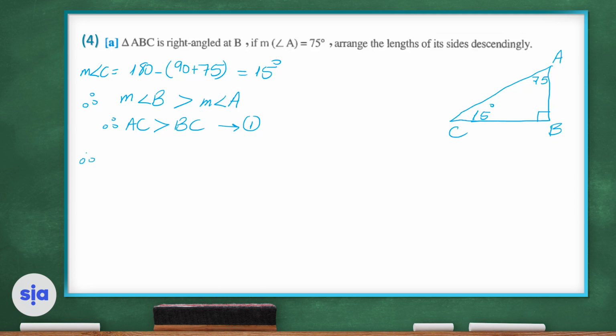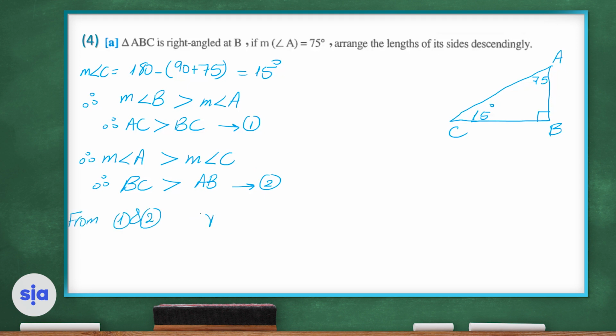And also, measure of angle A is greater than the measure of angle C. So, BC is greater than AB. And this is inequality number 2. From 1 and 2, the descending order of the sides is AC is greater than BC greater than AB.